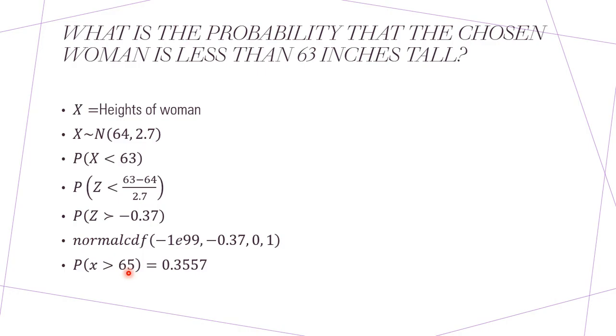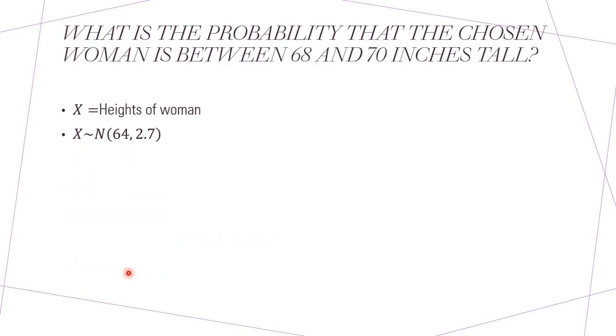And since a normal distribution curve is symmetrical, if you're the same distance from the mean on either side, the distance from your point to the closer tail is going to be equal for both sides. Kind of cool. All right, last one here is looking at from 68 to 70 inches.